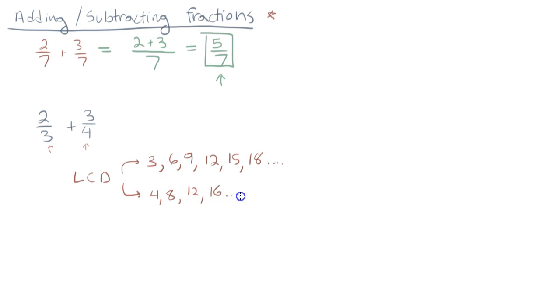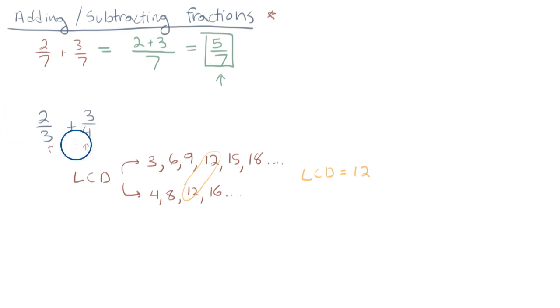And I'd go on, but I can stop because we see right now that both lists share 12. That means that our least common denominator of both of these fractions is 12. That is the goal, to get our denominators in both of these fractions to be 12.